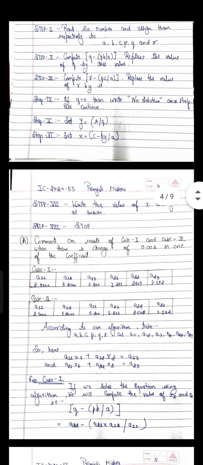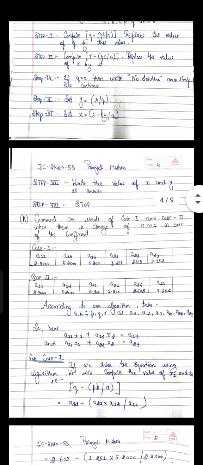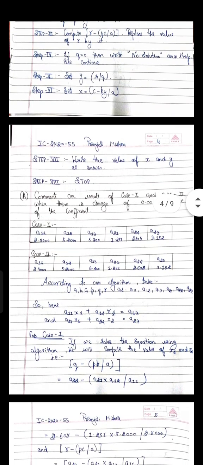If q equals 0, then write no solution and stop, else continue. Step 5. Set y equals r divided by q. Step 6. Set x equals (c minus by) by a. Step 7. Write the values of x and y as the answer. Step 8. Stop.